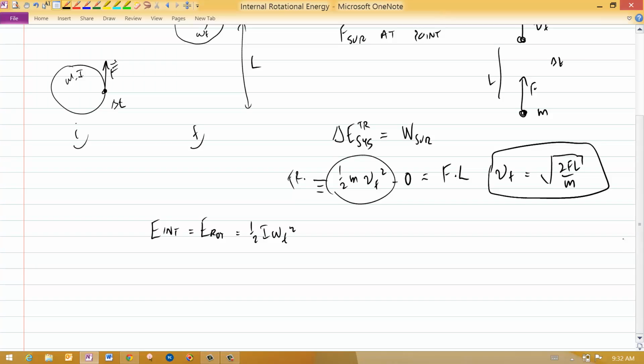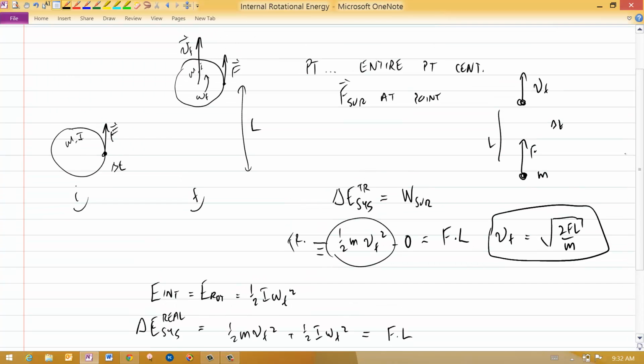So I've got these competing ideas. For the real system, the total change of energy is my final kinetic energy, 1/2 m v final squared, plus my final rotational energy, 1/2 I omega final squared, and that is equal to the work from the surroundings, which, let's suppose, is just F times L.